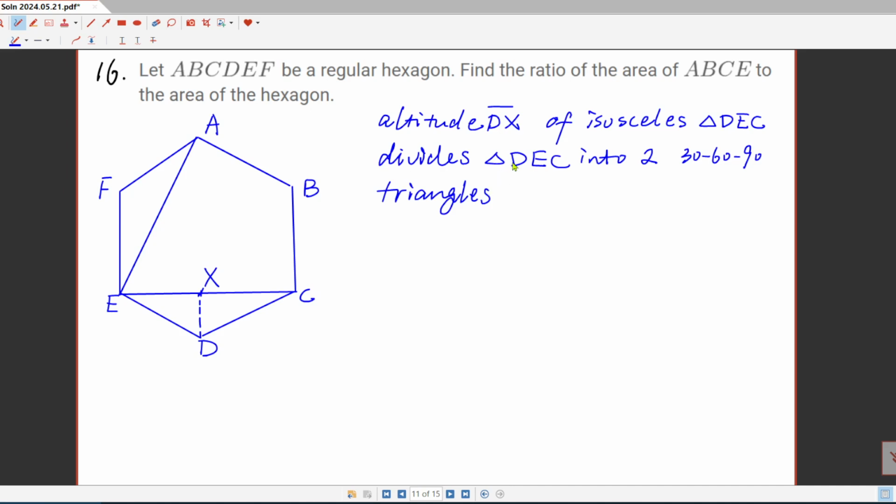So we could let the side length of the hexagon be S, for example.